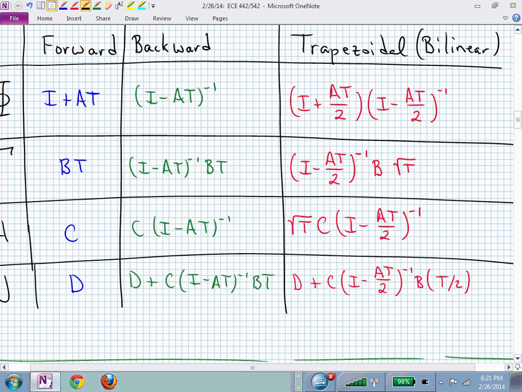And you can see then that this square root of T is split. It's not all on the input side or all on the output side, and that was made possible by defining our W vector as the square root of T times W of n plus 1. Questions?